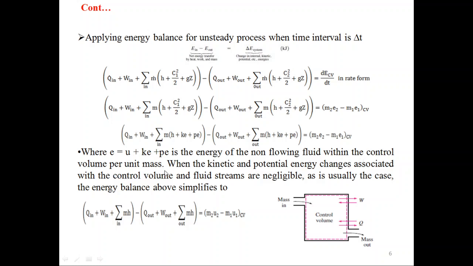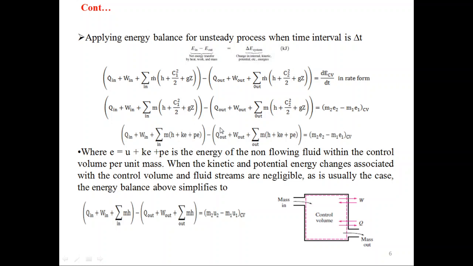When kinetic and potential energy changes associated with the control volume and fluid streams are negligible, as is usually the case, the energy balance above simplifies. That is, we are saying that the change in kinetic and potential energy is negligible.